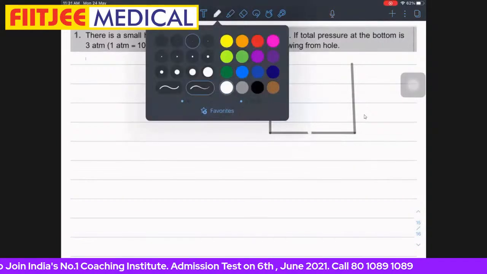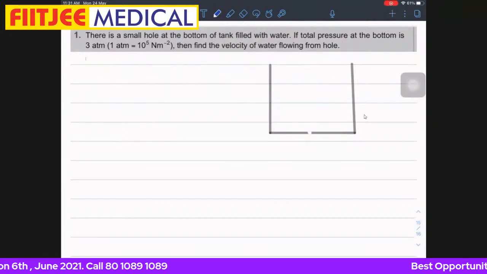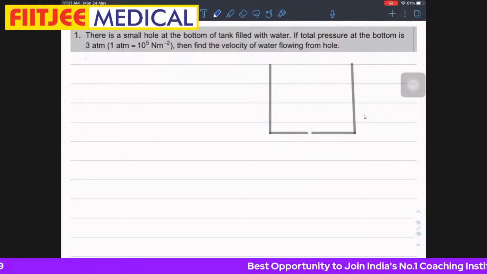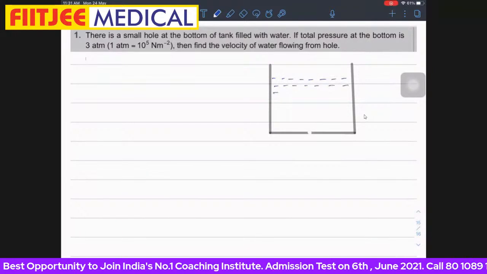So they're asking, if the total pressure at the bottom is 3 atm, then find the velocity of water flowing from the hole.